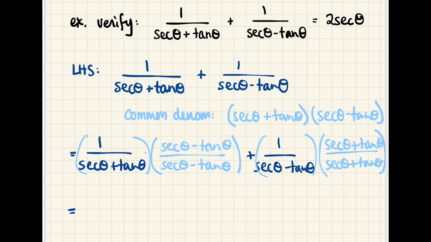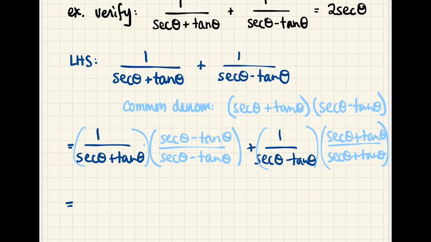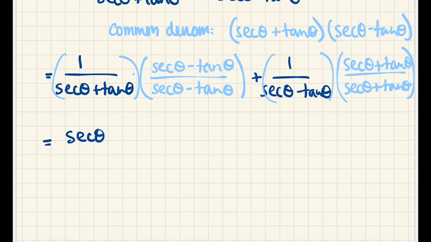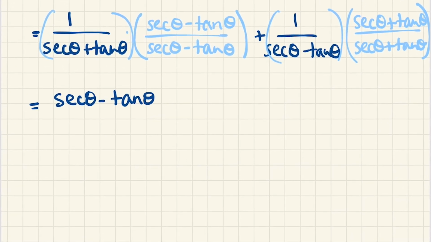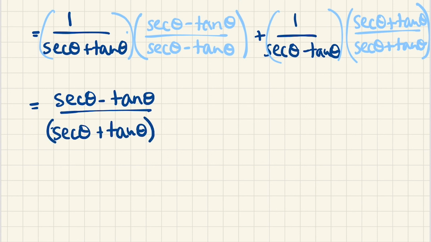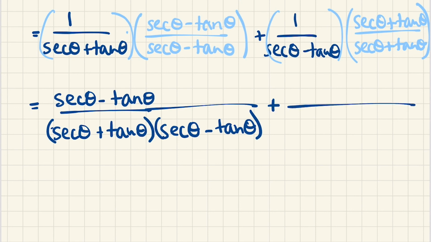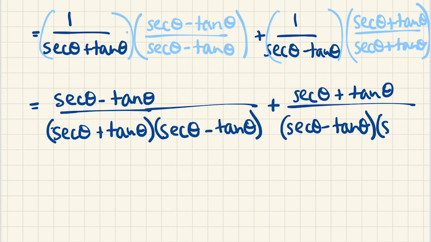So what we're going to get is the new numerator here will be secant of theta minus tangent of theta, and this is over secant of theta plus tangent of theta times secant of theta minus tangent of theta. And for this other one, we have secant of theta plus tangent of theta over secant of theta minus tangent of theta, secant of theta plus tangent of theta.